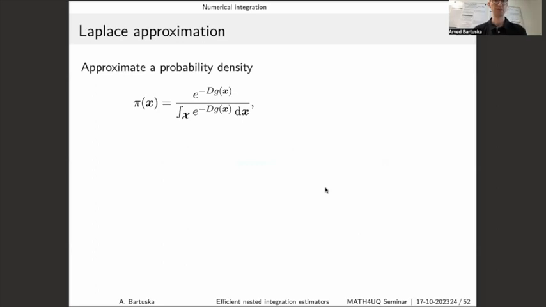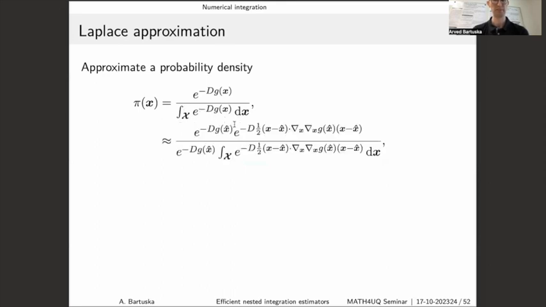Okay, and then we have the Laplace approximation, which is often used in Bayesian experimental design, where we can now approximate the probability density, which often has this type of shape with a normalization constant. So the normalization of this is given by the integral over the whole domain. And then we use basically the second order Taylor in both the numerator and the denominator.